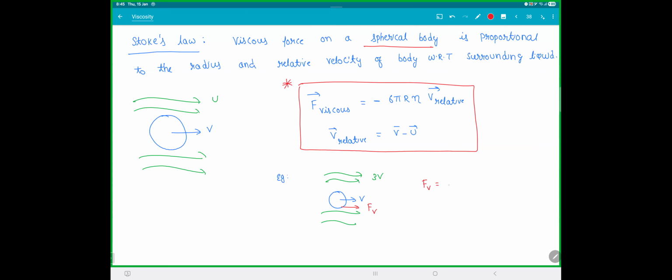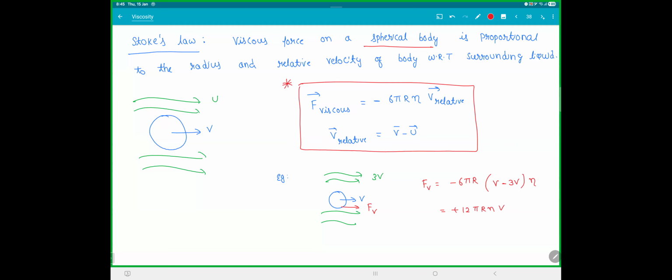So F viscous will be minus 6 pi r eta times v minus 3v. That would be plus 12 pi r eta v. The viscous force is actually acting forward.